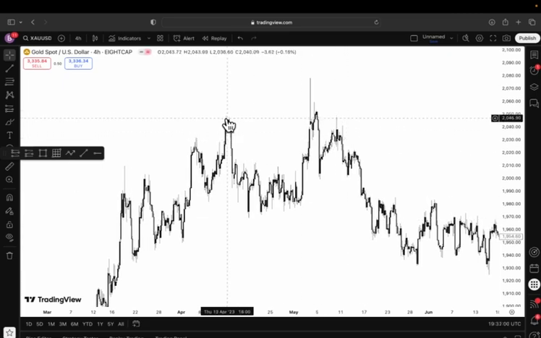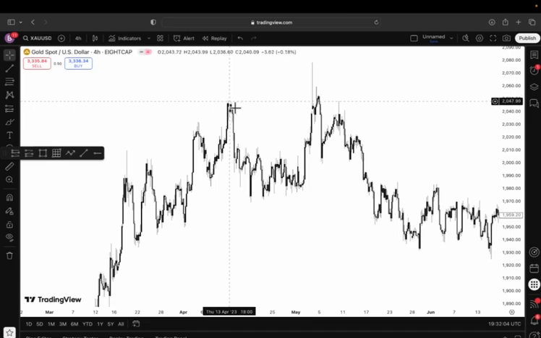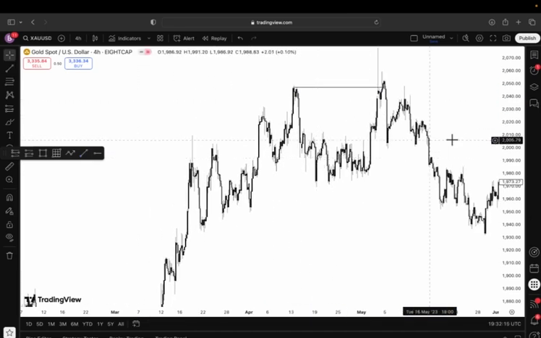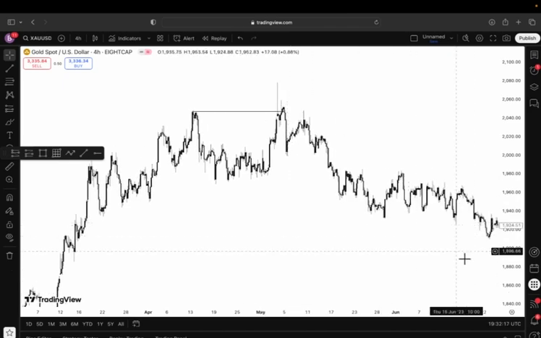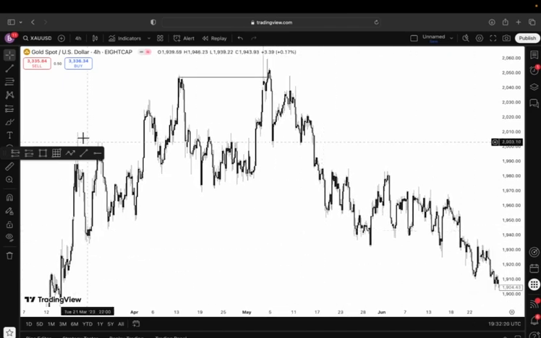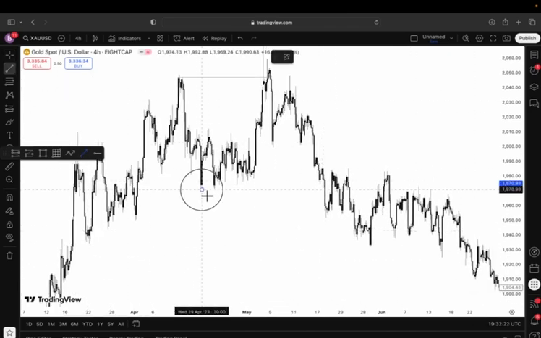Now let's take this guy as an example. This guy broke with the body. This is where he broke with the body of the candle over here, and this is the 4 hours time frame actually. So this is a change of character.